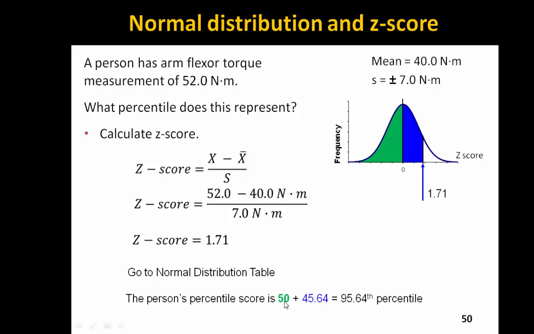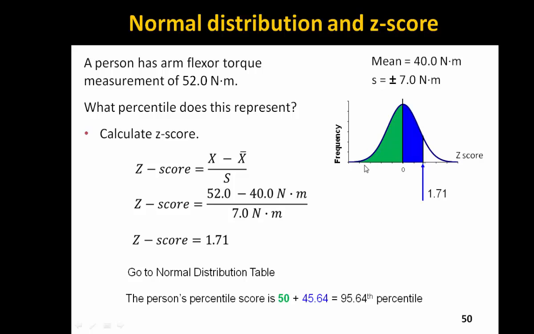Now, where did I get these numbers? If you take a look at the green here, 50 corresponds to the negative half of the normal distribution area. The area here represents all of the scores that were at and below the average strength of 40 Newton meters.